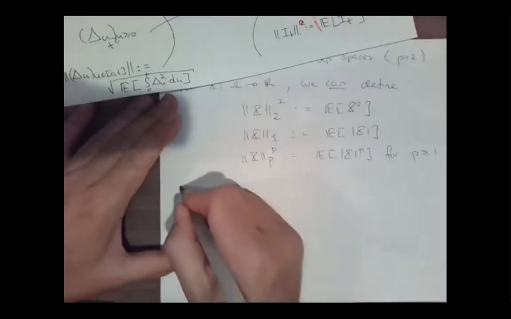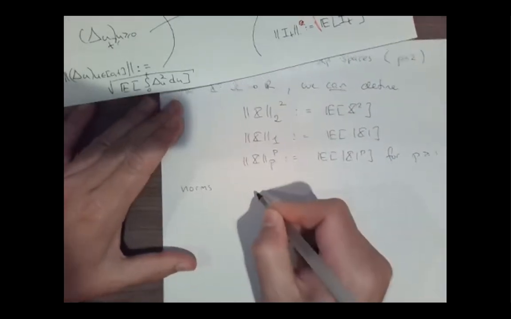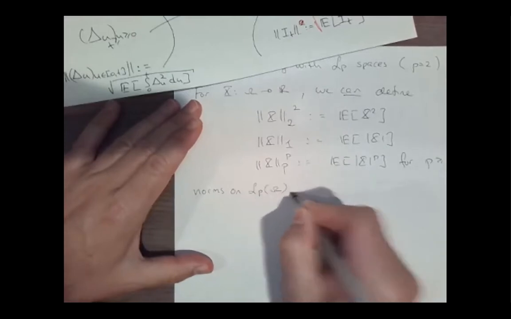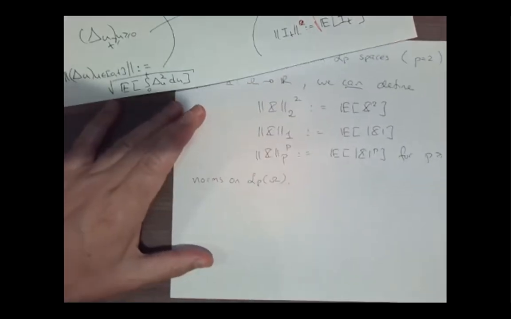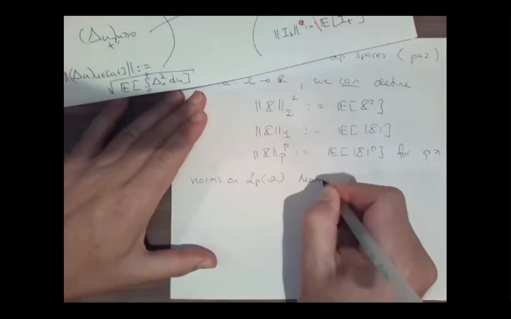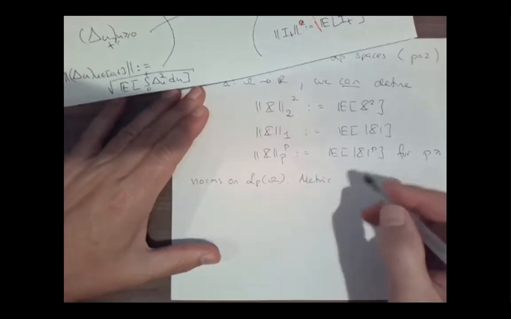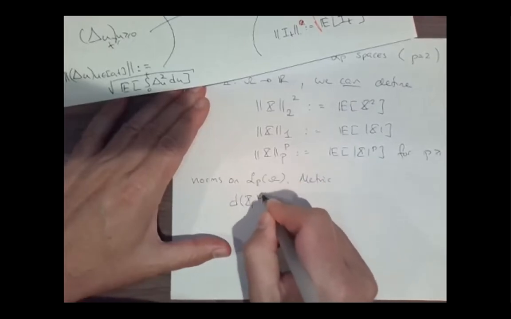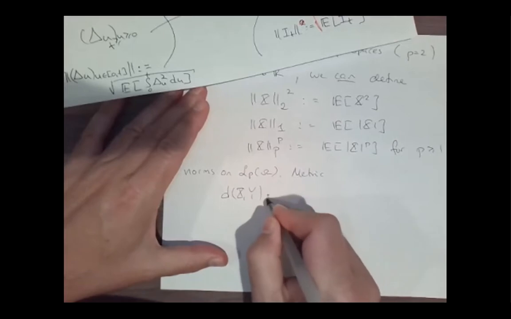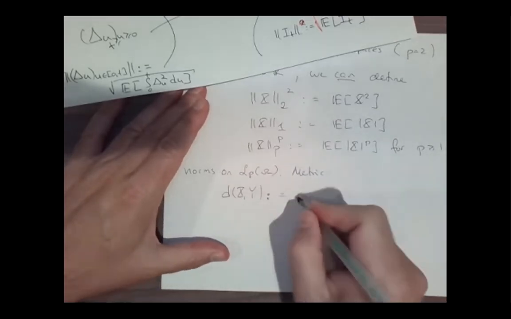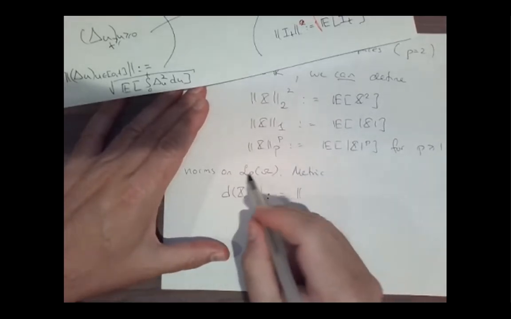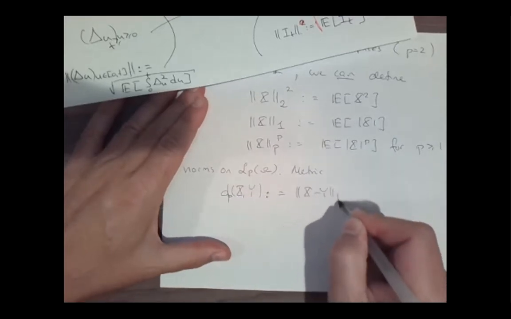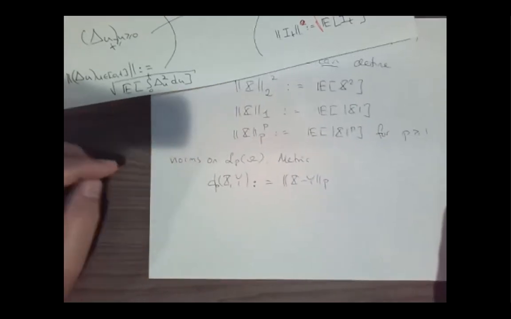And these are norms on L^p of omega. And so if you want to get a metric, you measure the distance between x and y by looking at the difference in the p norm.